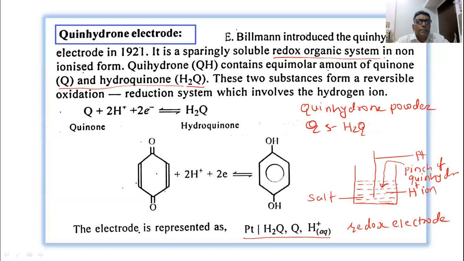Now let us see the reaction of this electrode. For a single electrode, we have to write the reduction reaction. It will be in this way. Quinone, C6H4O2, reacts with two hydrogen ions of the solution combined with two electrons, forming hydroquinone, C6H6O2.